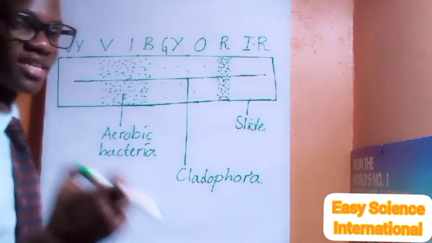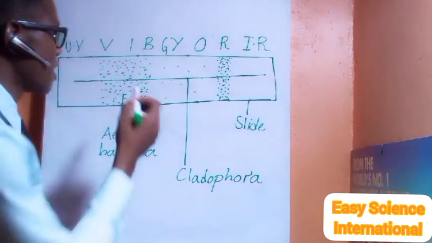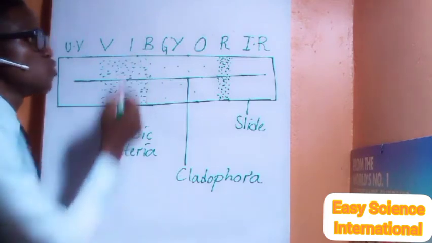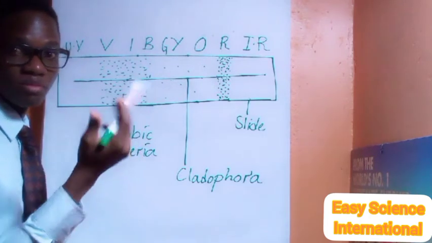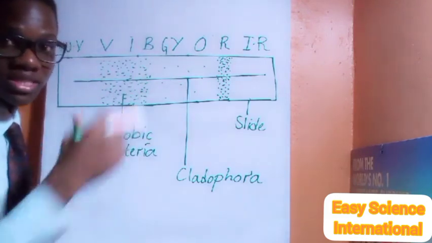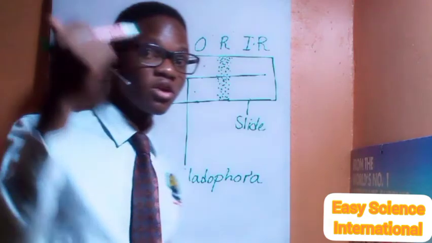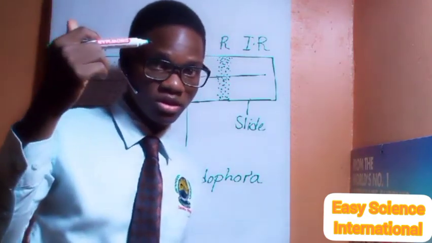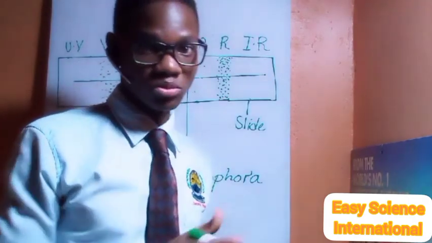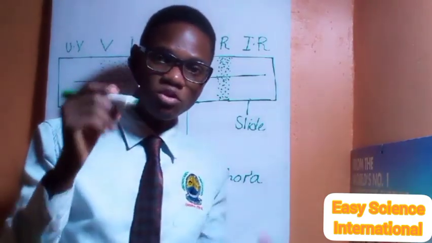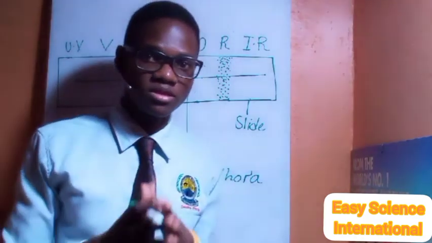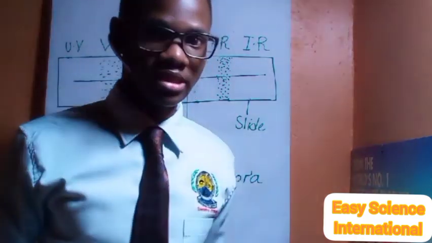We observed that aerobic bacteria cluster in regions of blue light mostly. Then we can also find them in indigo and violet, because, depending on our action spectrum and the absorption spectrum, we see that the blue to violet region effectively stimulates the process of photosynthesis.